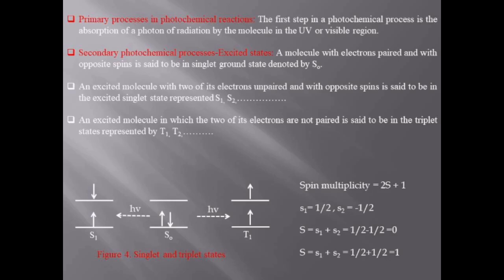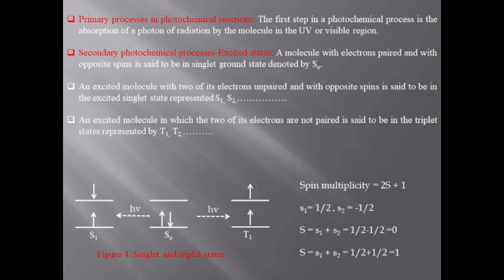Now, what is the primary process in a photochemical reaction? The first step in a photochemical reaction is the absorption of a photon of radiation by the molecules in the visible or UV region. Secondary process is the excited state process.